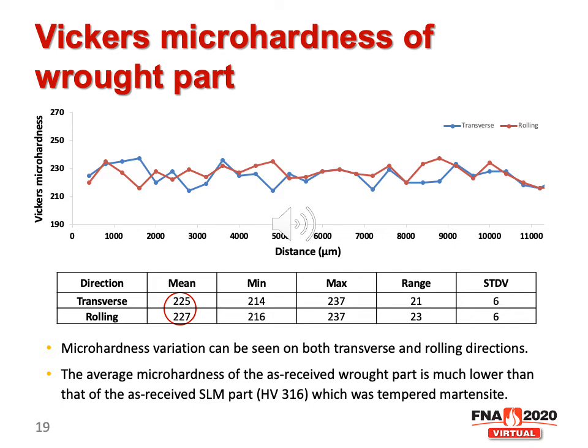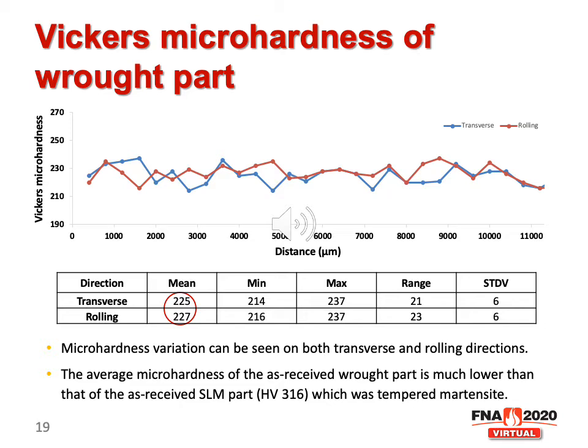We also did the Vickers microhardness line scan for the wrought part on the transverse direction and rolling direction. Similar to the selective laser melted part, the microhardness variation can be seen on both transverse and rolling directions.